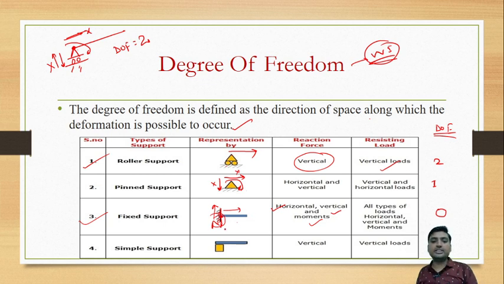Okay, so suppose a simple support is there, it is only resisting vertical loading, so the degree of freedom will be 2, because this is the same case, only vertical load, right? So these are the degrees of freedom. Degree of freedom means, after the support also, in how many directions this node can move, this element which is connected to that support can move, that is called the degree of freedom.